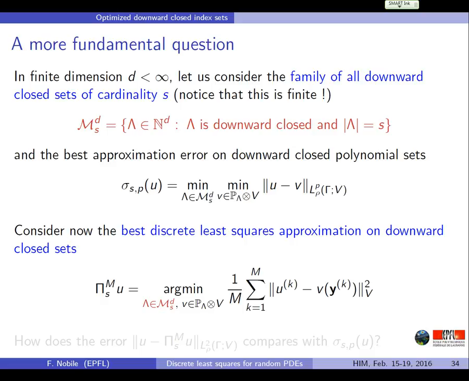Now, suppose I were able to do a search on all possible downward closed sets and pick the best among all of them. So I call M_S^D the set of all downward closed sets of a given cardinality S in dimension D. And the point is that this set is always finite because of this downward closed structure, so it has to be connected.